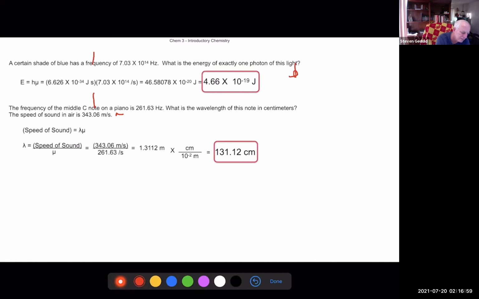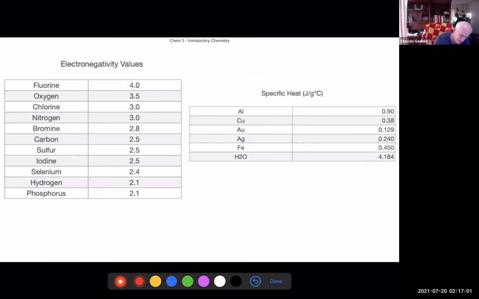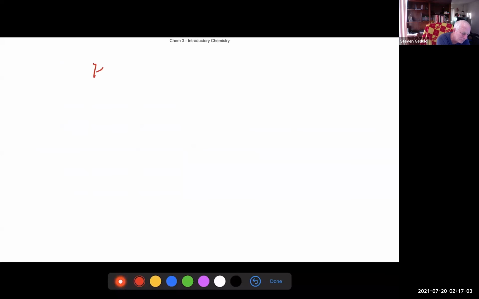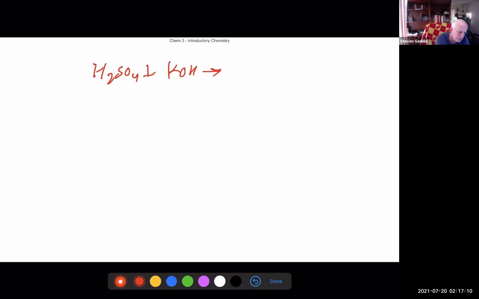Let's consider the reaction of H2SO4, sulfuric acid, plus, let's say, potassium hydroxide goes to the salt, K2SO4, plus water. Balance the reaction: 2 OHs and 2 waters.